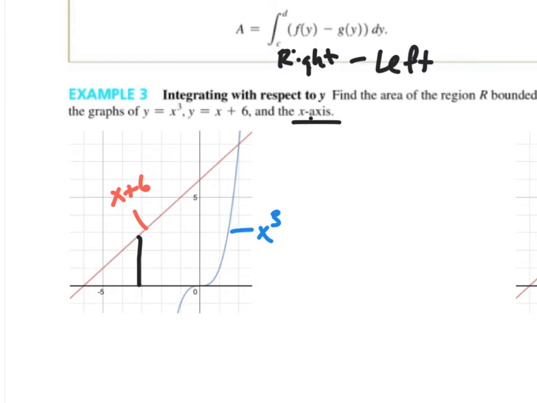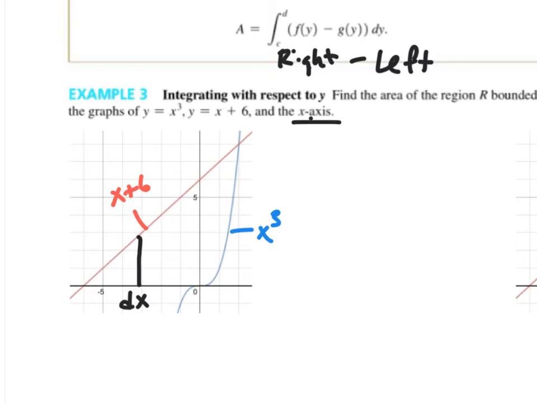If I draw my slice here, this is dx. I go from this top function here to this function down here, and that's just going to be the area under the curve, because we're going from this function down to the x-axis. And then here, we have to think about this region, because it changes at 0.